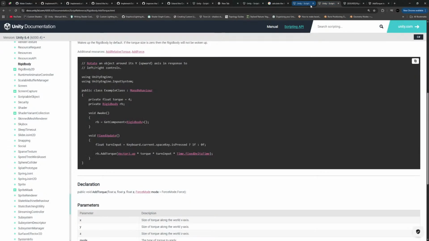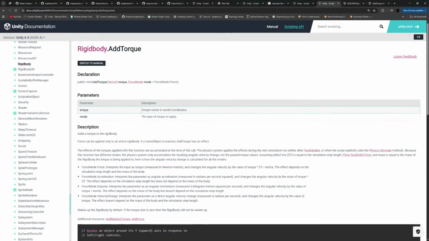Wondering about this one. Let's see. Torque, add torque vector in world coordinates.